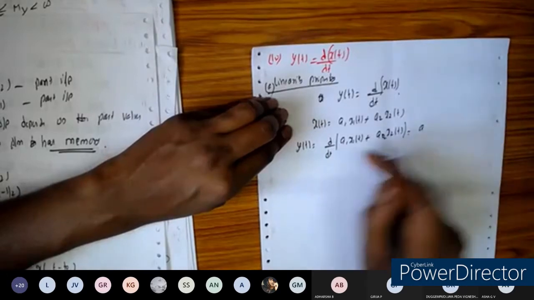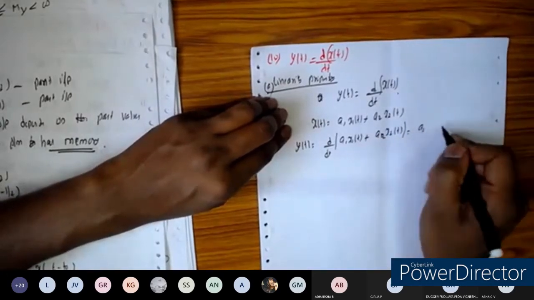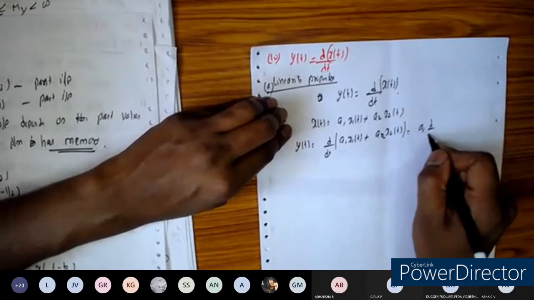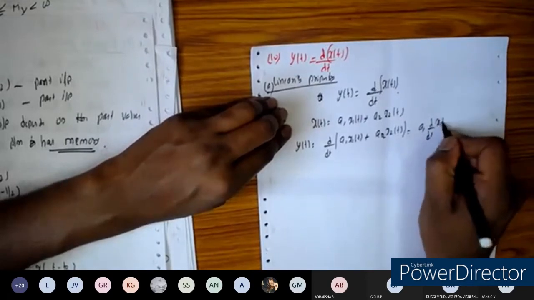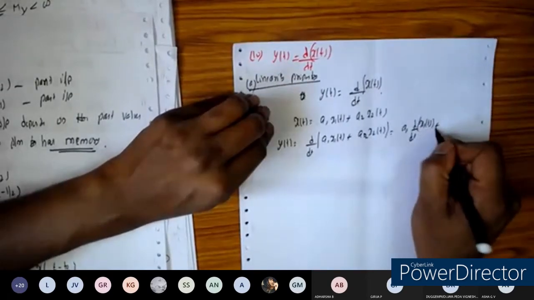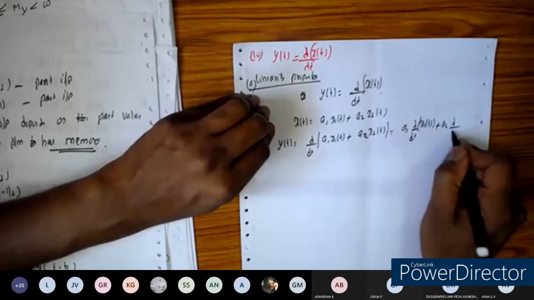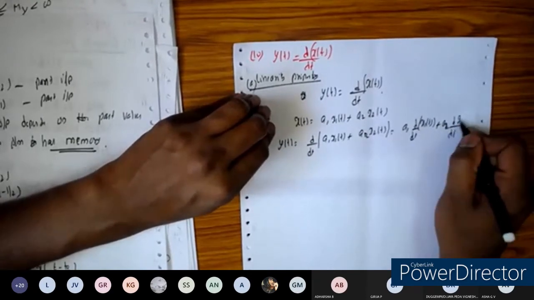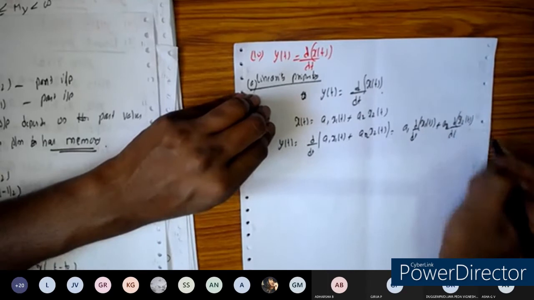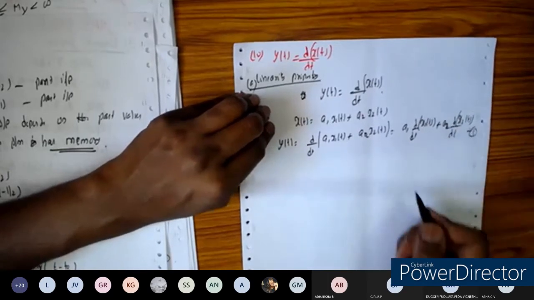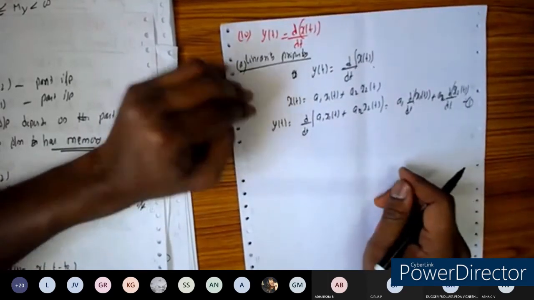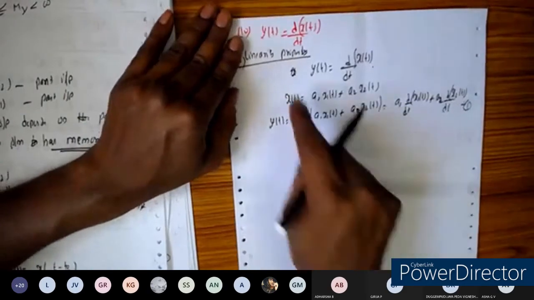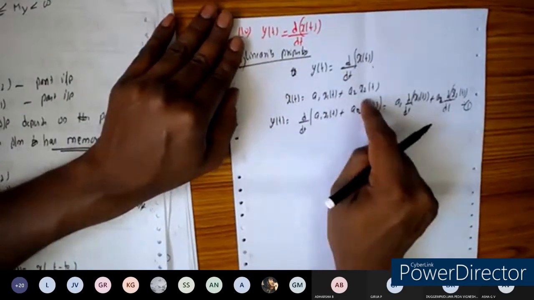Since it's addition, differentiation is going to follow the linearity property. So it is the differentiation of x1 of t plus the differentiation of x2 of t. Call this equation number 1. We are going to replace x of t by a1 into x1 of t plus a2 into x2 of t.